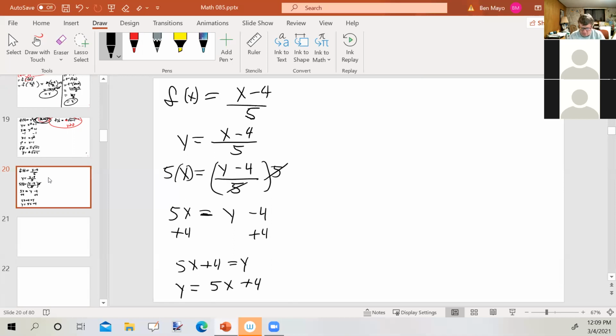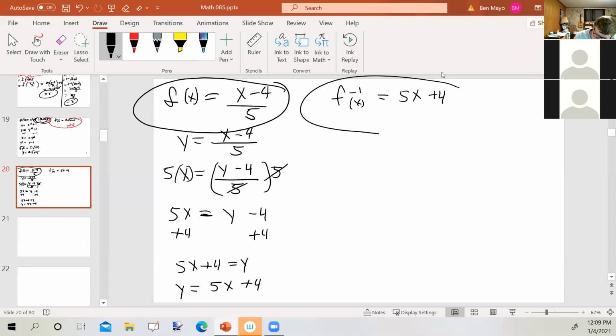So I'm just turning it around so that I've got y on the left side. And then finally, I'm going to rewrite it using inverse function notation. So here is f of x, here's f inverse of x. Any questions about this particular problem? No. Okay, let's take a look at another one.